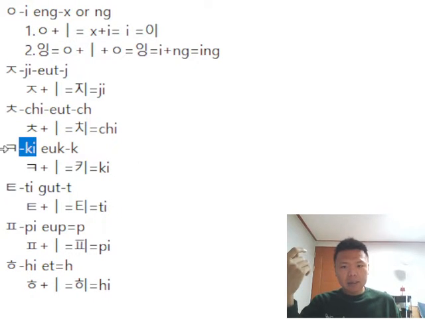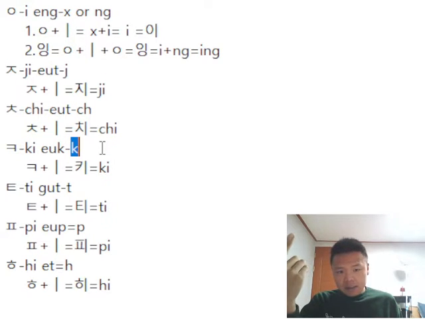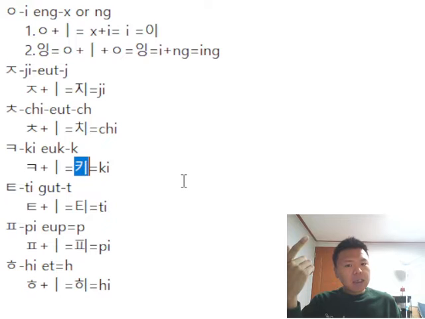And then this is 키읔. This sounds like a K. So 키읔 plus 이 equals 키.